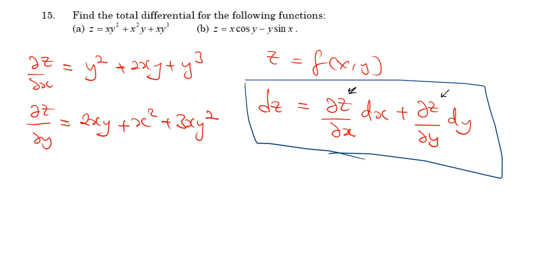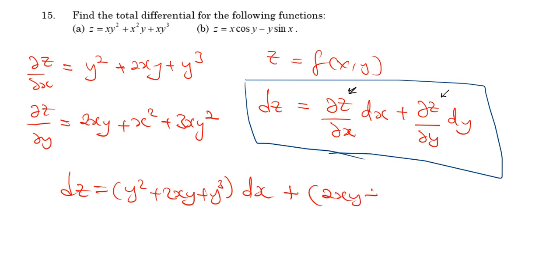Now we write these partial derivatives into the formula, which is going to be dz equals the partial of z with respect to x, which we found to be y squared plus 2xy plus y cubed, times dx, plus the other one, 2xy plus x squared plus 3xy squared, times dy.